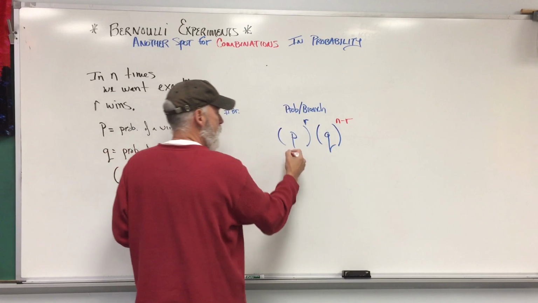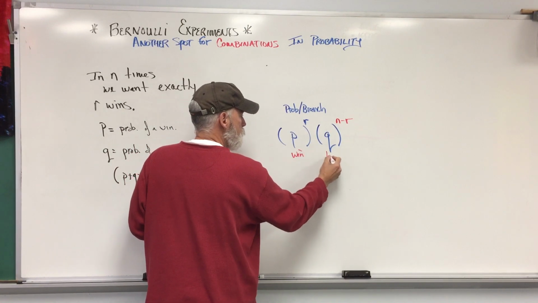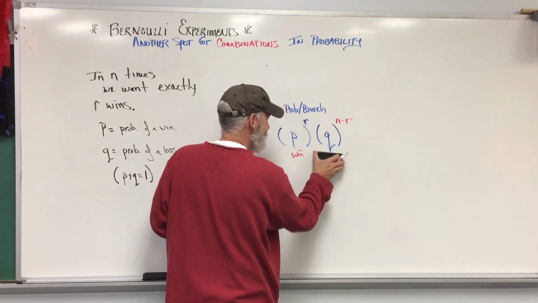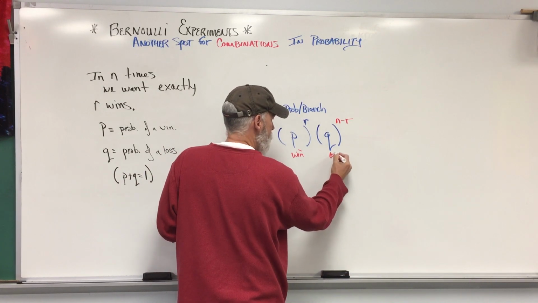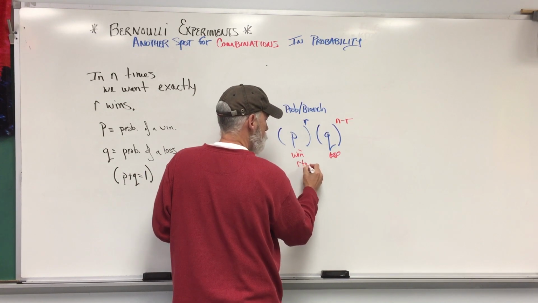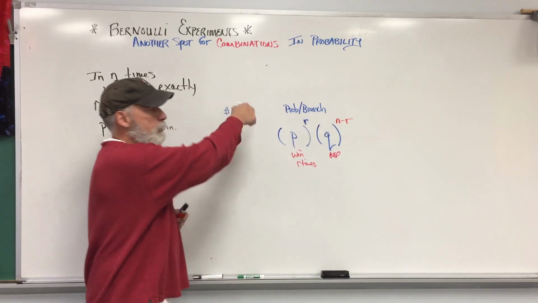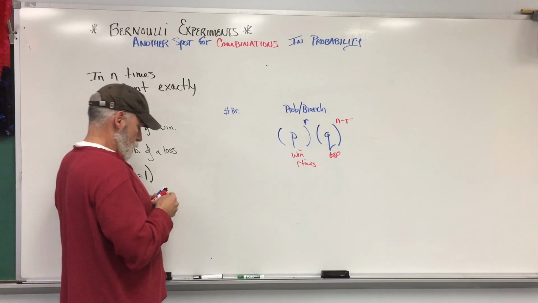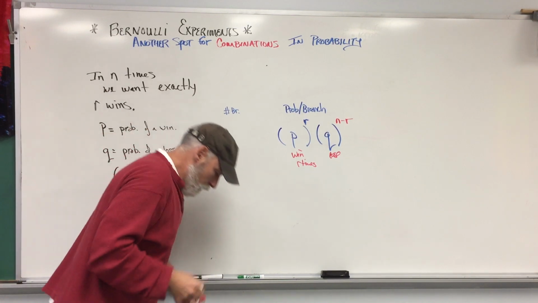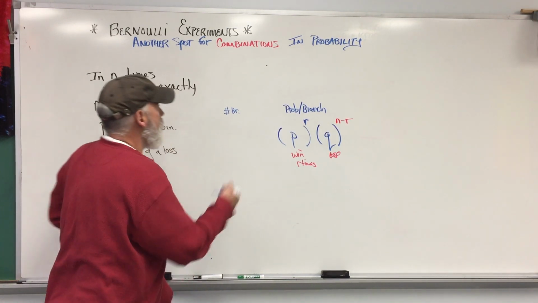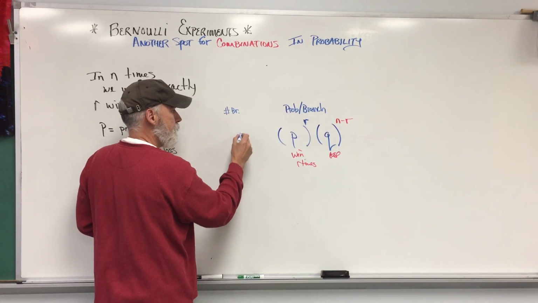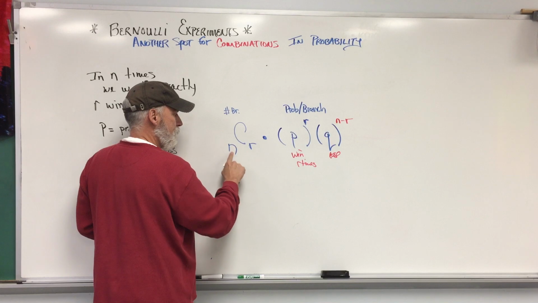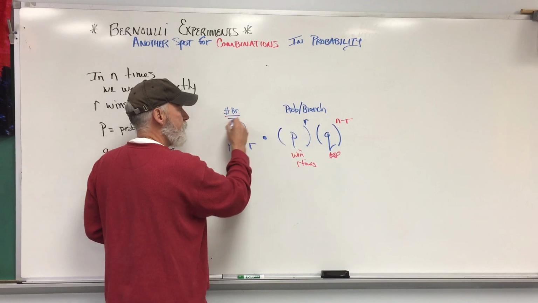So think of this as win, lose, not lose, lose, that's not. Lose. And you want to win R times, which basically means if it's out of 5, you win 3, you lose 2. What's in front of here? Well, we want to know the number of ways R things could be winners out of n. So that's your formula. And that's what we've been doing.